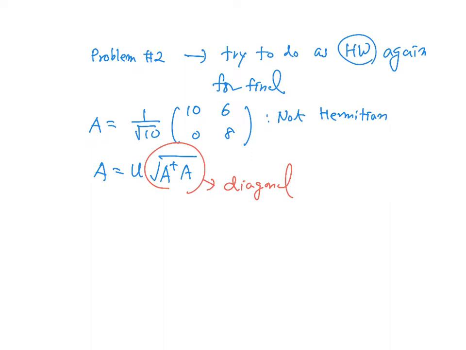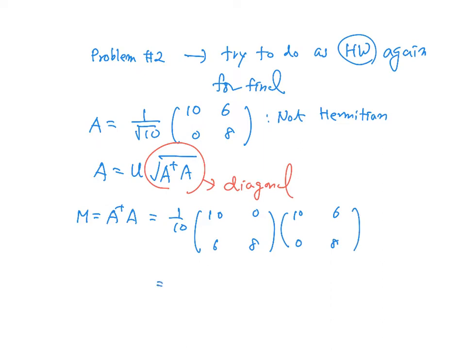So let's check with this. We can start with M, which is A dagger A. So 10, 0, 6, 8, and you take the transpose, 10, 6, 0, 8, right?